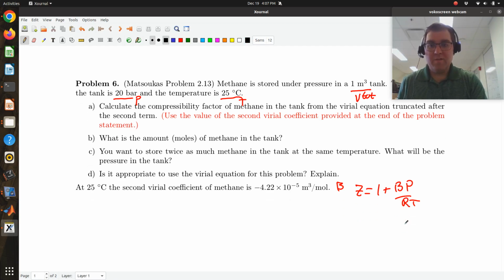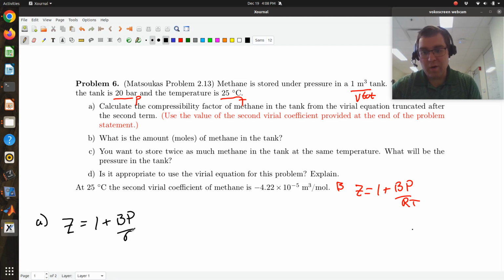All right, so let's set up problem A then. In the context of A, calculating the compressibility, we use the form of our virial equation from the book. Our truncated virial equation is Z is equal to 1 plus BP over RT.